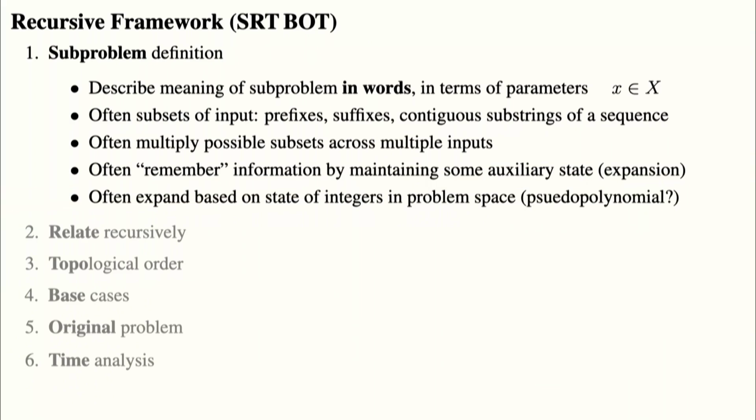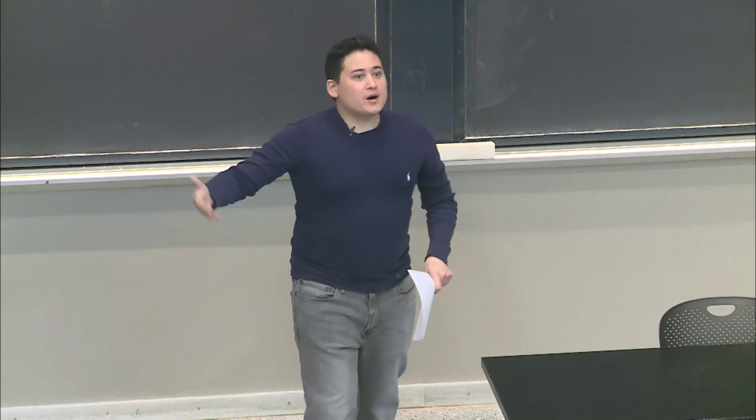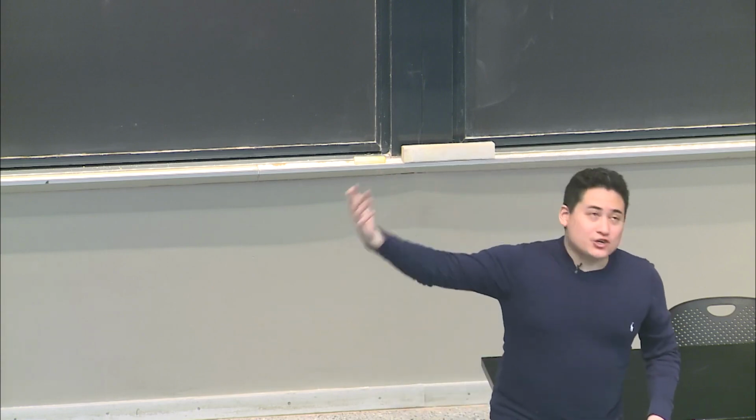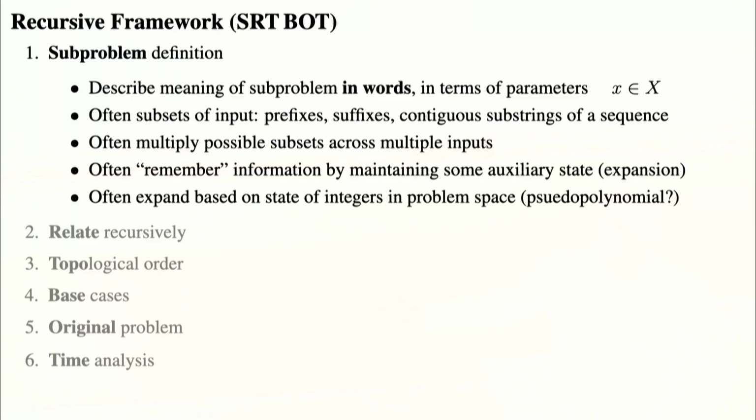Then when making subproblems, often what we're doing is we're recursing on different values of indices in a sequence or numbers in your problem, right? That's kind of what we got to in lecture 18, I guess, when we were talking about expanding subproblems based on an integer in our problem. Now, actually, an integer in our problem is the number of things in a sequence, right?